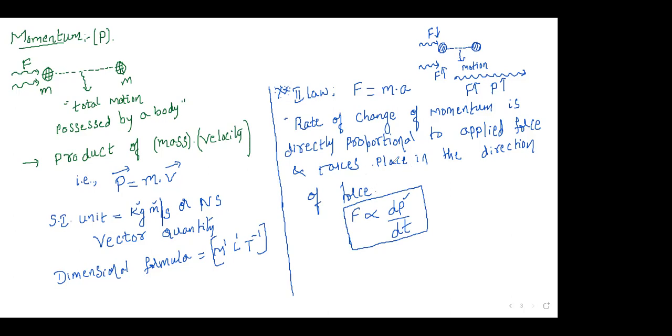Now, how to derive this F is equal to ma, students? It's quite simple. Consider a particle of mass m moving with the initial velocity u. For this moving body, if you apply an external force, what will happen? The body will continue to move with a higher velocity. Let us say that higher velocity is v.